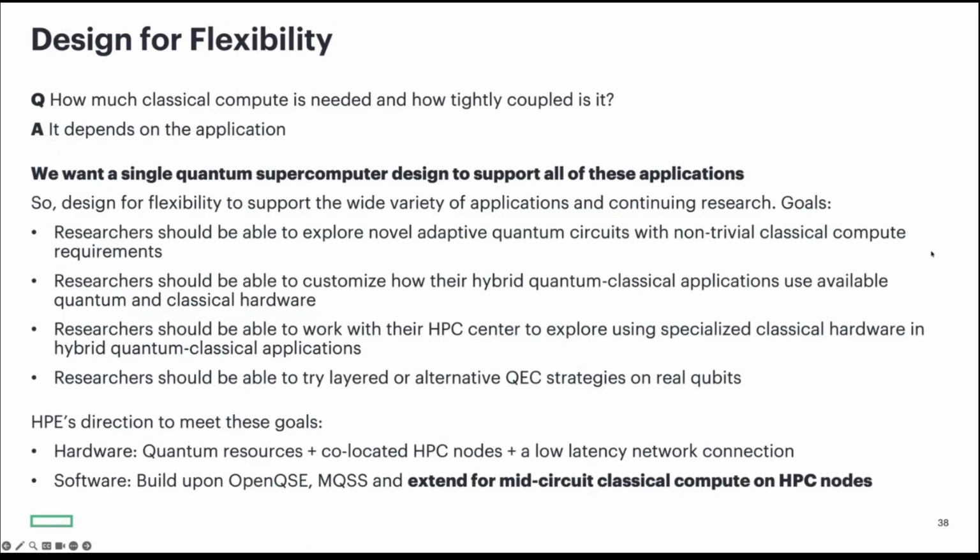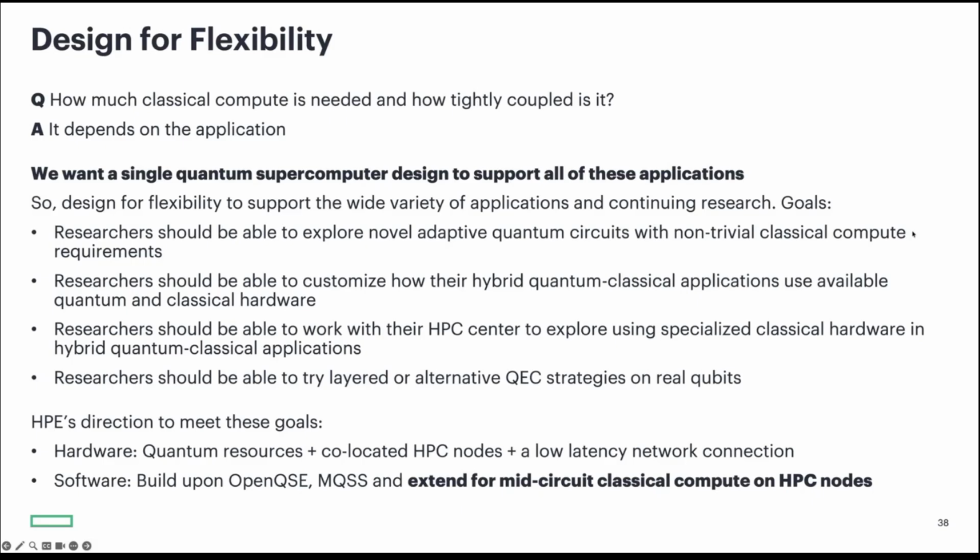Our goal is to design for flexibility informed by those applications we were just talking about. We want to make a single quantum supercomputer, an integrated quantum and HPC system that supports all the applications we talked about and future applications. Here are some goals that I'm not going to read over right now, but might be interesting as we're coming up with requirements.